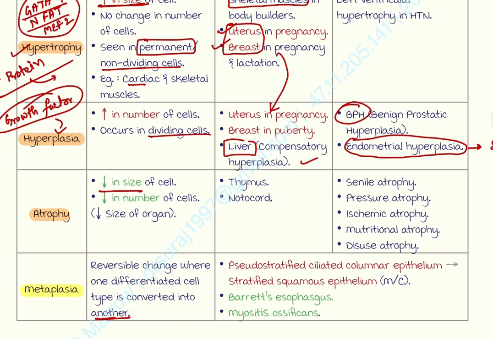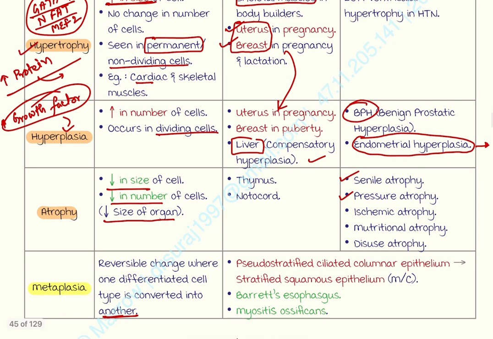Atrophy means the cell size and numbers are decreased, so the organ size is also decreased, and that happens as we age. With age, senile atrophy happens, and many organs get atrophied. Pressure atrophy is because of pressure. Denervation atrophy is because of lack of nerve supply for a long time.